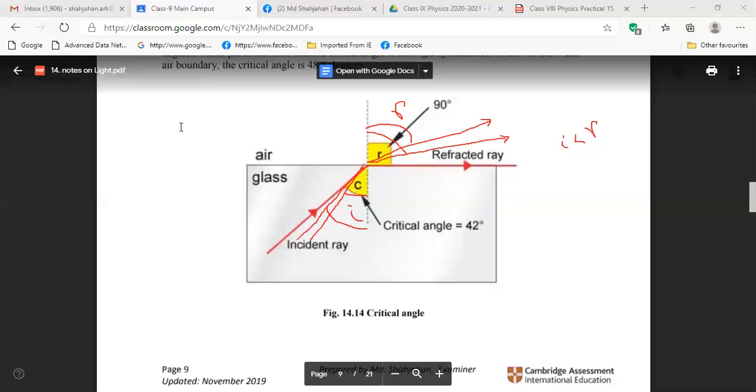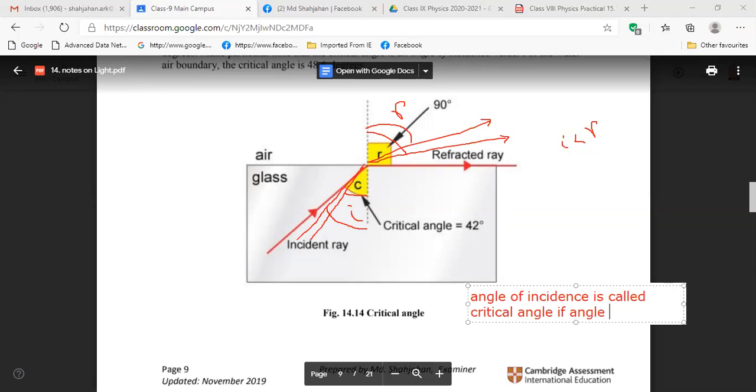So this is one thing. The condition is: the angle of incidence is called the critical angle if the angle of refraction is 90 degrees.